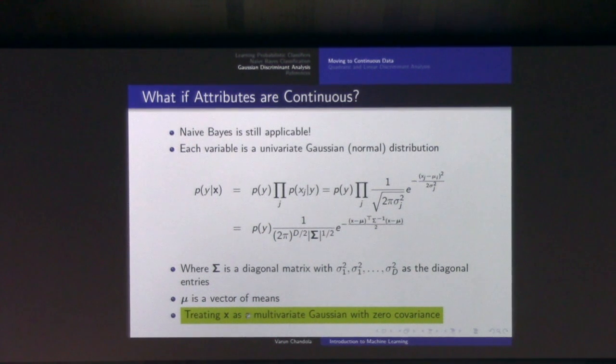You're treating your X as a multivariate Gaussian with zero covariance. When you say zero covariance, it means that the off-diagonal terms are zero, but there is some variance on the diagonal terms. So that is what we call Gaussian discriminant analysis.